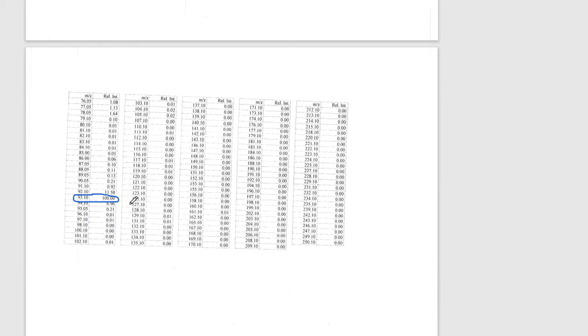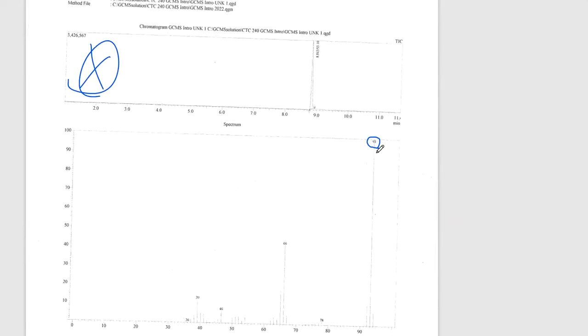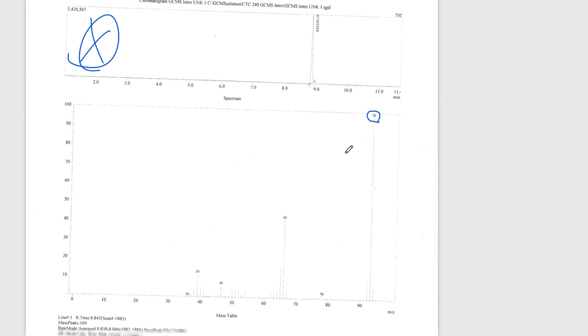So 100 is the highest it can go, and 100 in the fragmentation table means that 93 is the tallest peak, and on the graph it tells me that it's the tallest peak, and then right below that it tells me the base peak was 93. So very, very important. I'll need to know that when I work through these match game problems.